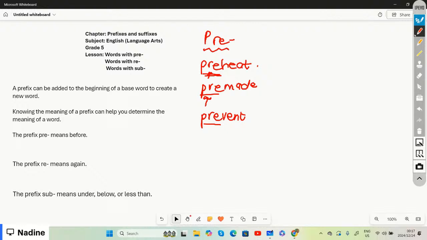So this is but a few examples of prefixes with the word pre. And we said prefixes with the word pre, it means before. So we said we have preheat. It's something that you heat before, switch on the kettle before the person preheat the oven, sorry. Then for example, switch on the oven before the person, let's say, puts in the dough mixture or something.